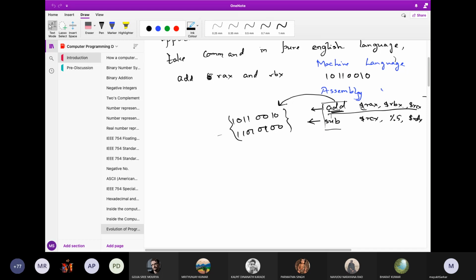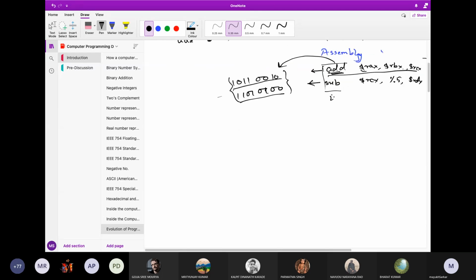That machine language, instruction by instruction, is then taken by the control unit. The control unit understands it and sends the suitable signals all over the motherboard.